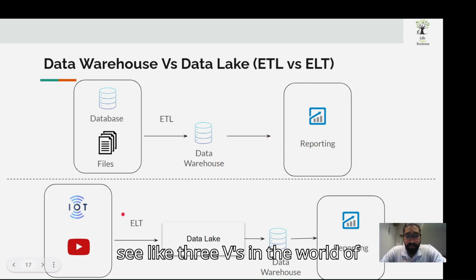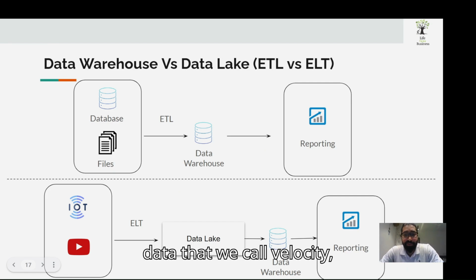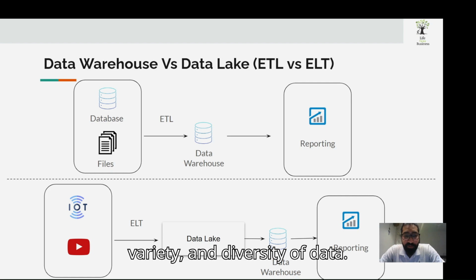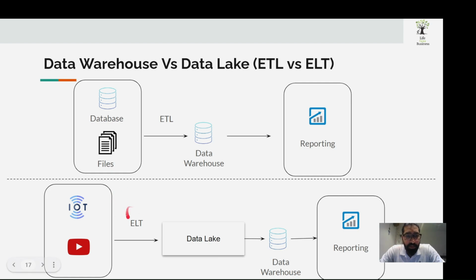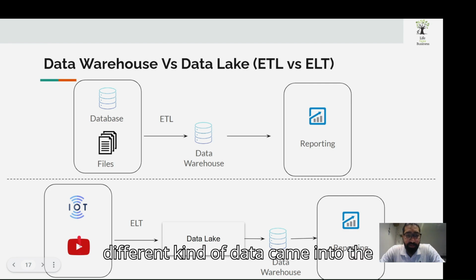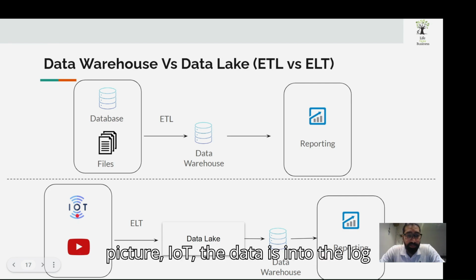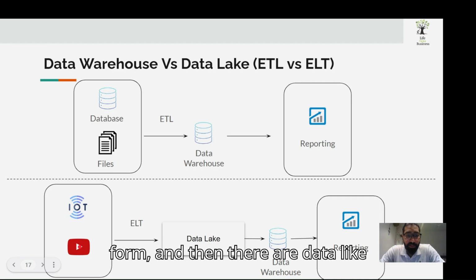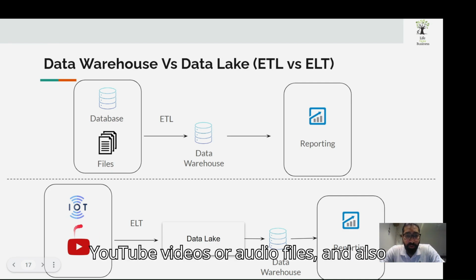As we see the 3 V's in the world of data, velocity, variety, and volume, with increasing data, different kinds of data came into the picture. IoT data in log form, and data like YouTube videos or audio files.